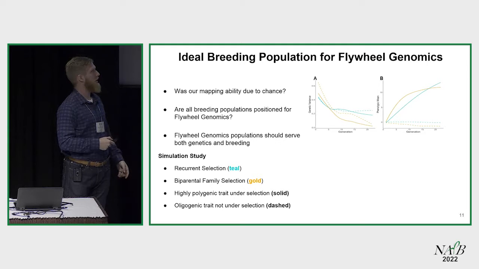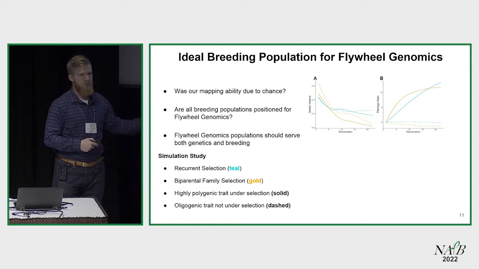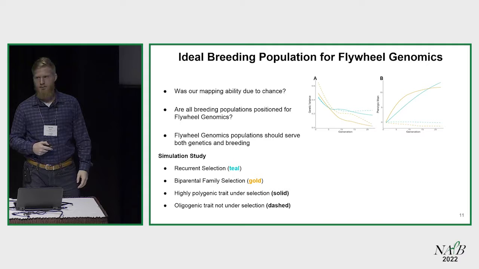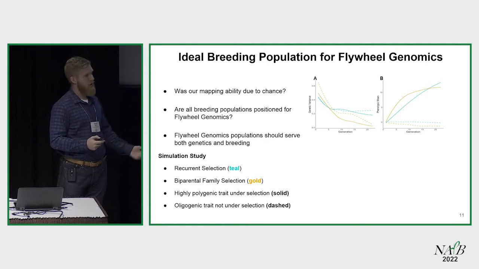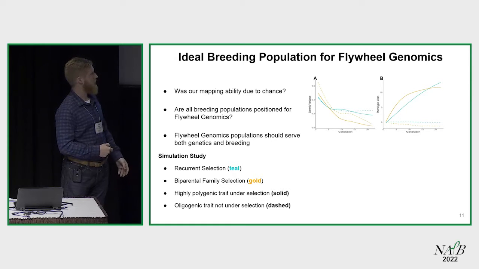It was kind of cool yesterday to see this exact plot from 1960 or so, 1970, the simulation study that was shown in the very first talk of the conference. So updated simulation still holds true, recurrent selection works. And then also for the traits not under selection, you're not losing phenotypic mean, you're not losing diversity in those traits as much.